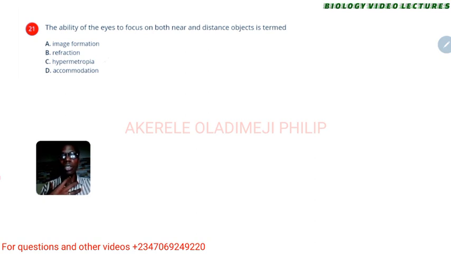All right, so the answer to this question is accommodation, which means the ability for your eyes to look at something that is far off or look at something that is close here. So because our eyeballs actually contain a lens in it, which can zoom in or zoom out as the case may be, and that zooming in or zooming out as it is demanded for you to look at a close object or far object is regarded as accommodation. All right.